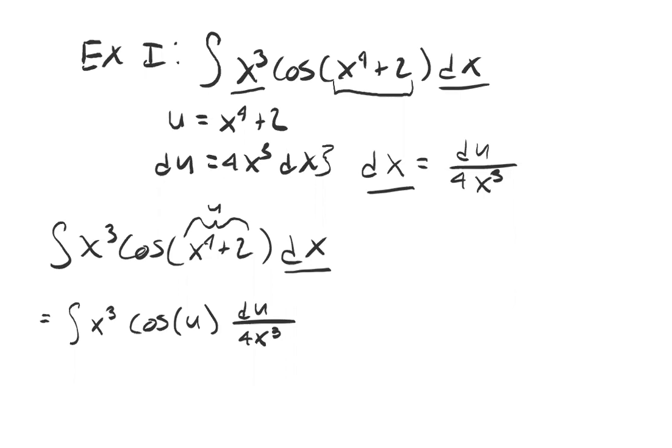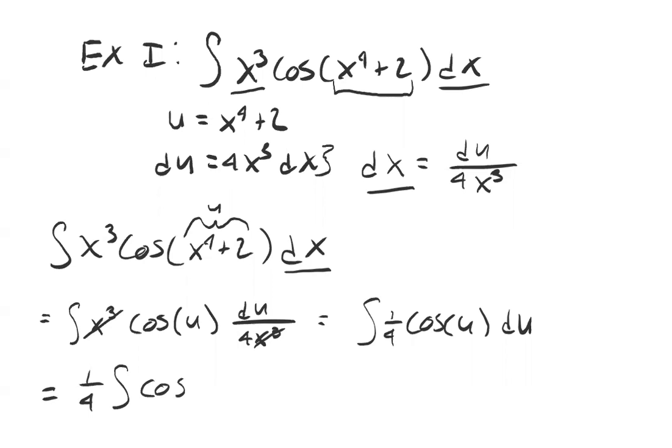You'll notice I have an x cubed up top and an x cubed in the denominator. These are going to cancel. So this du over 4 I can make just a 1/4. I'm going to get 1/4 cosine of u du. Now if I pull this 1/4 out, 1/4 the integral of cosine of u du.